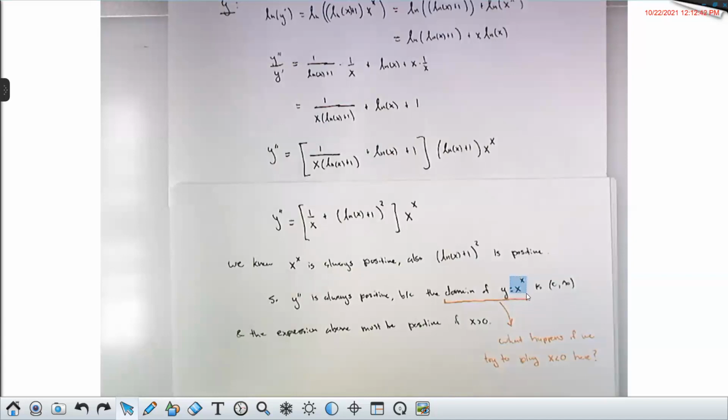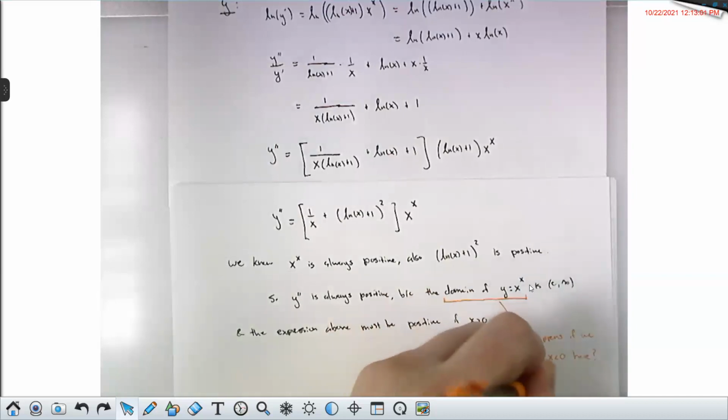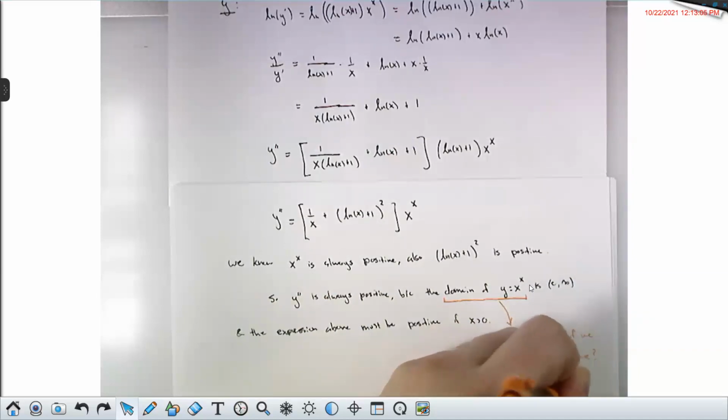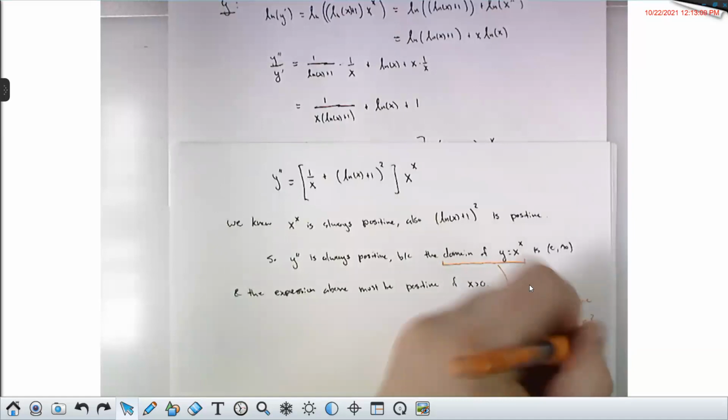But if you start trying to plug in any negative fractions or negative irrational numbers, you're going to run into trouble right away. Like -1/2 raised to the power -1/2. I'll give you one example. This would be 1 over the square root of -1/2, which is not a real number.